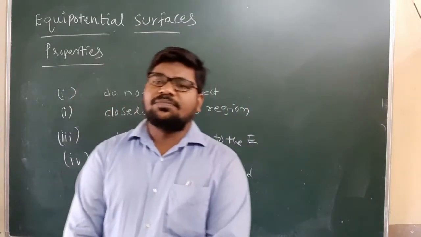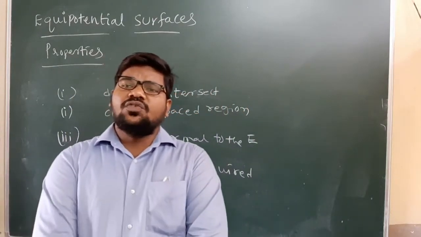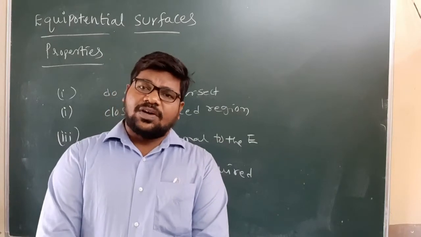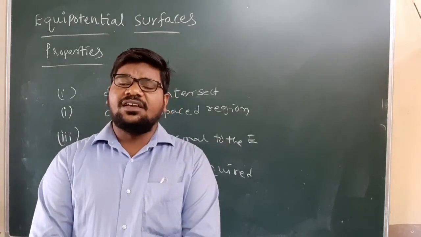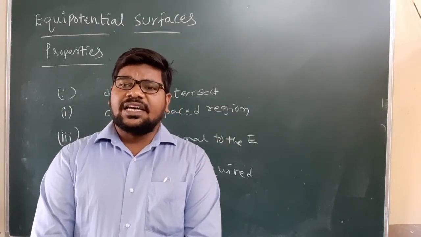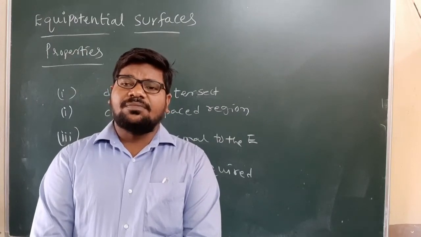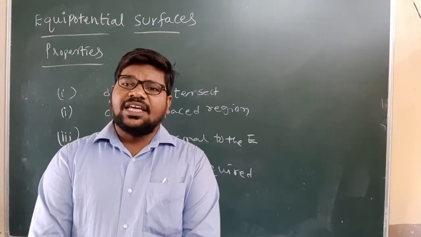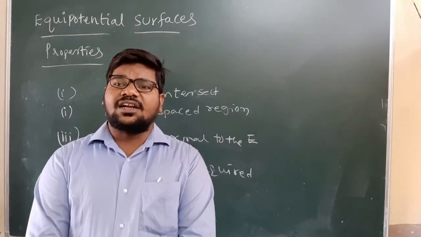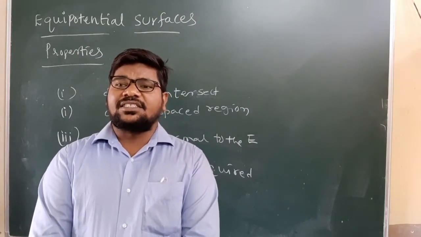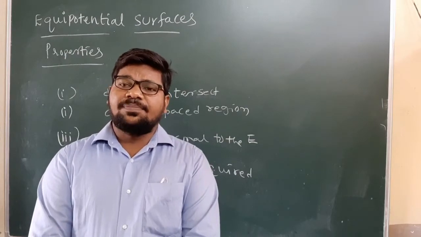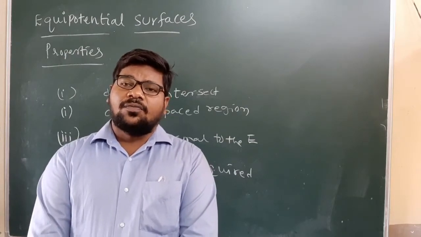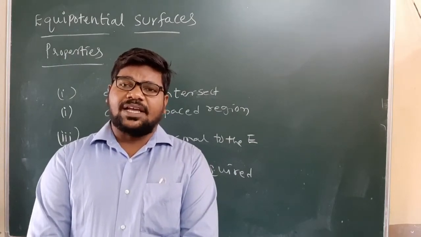Next, fifth point, my children. For a uniform electric field E along the x-axis, equipotential surfaces are normal to the x-axis, and that is a plane parallel to the YZ plane.